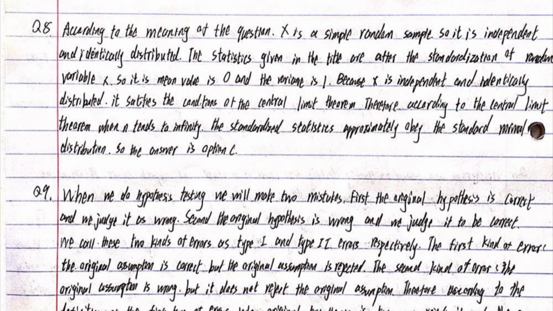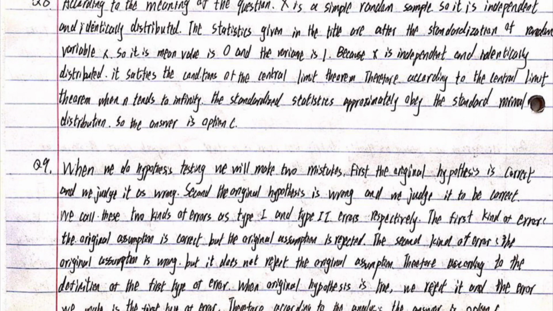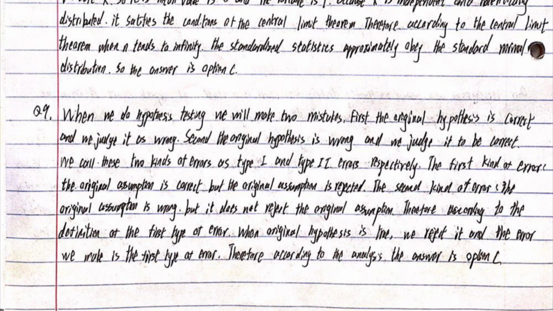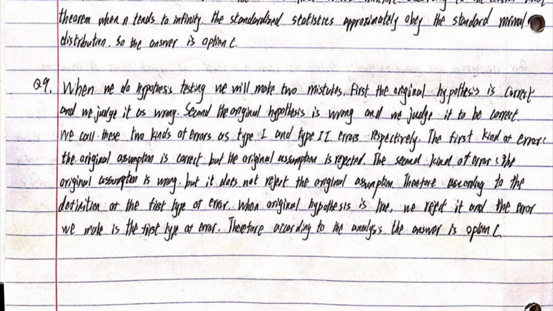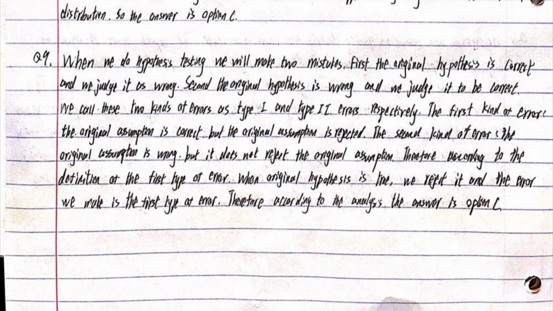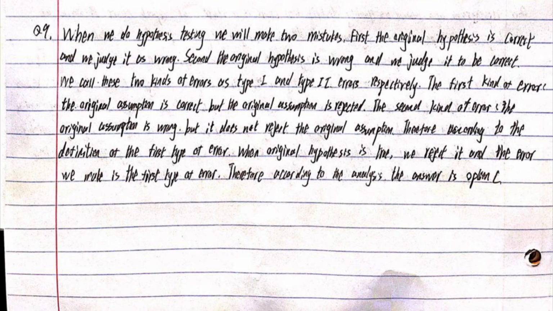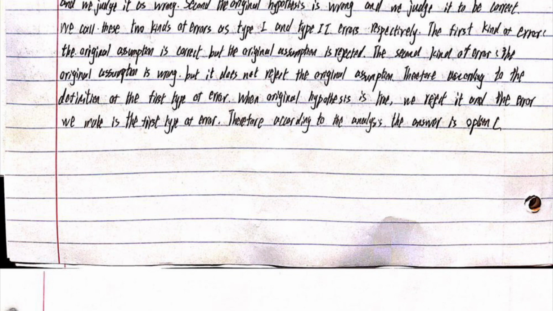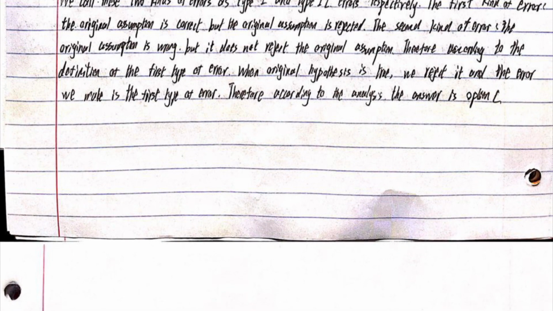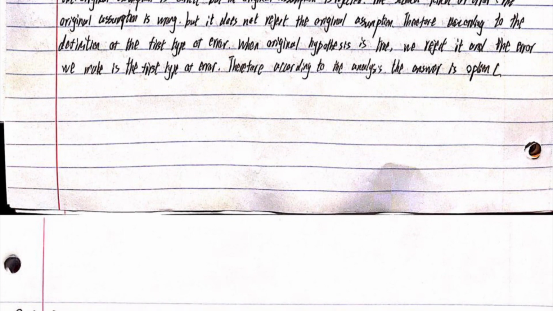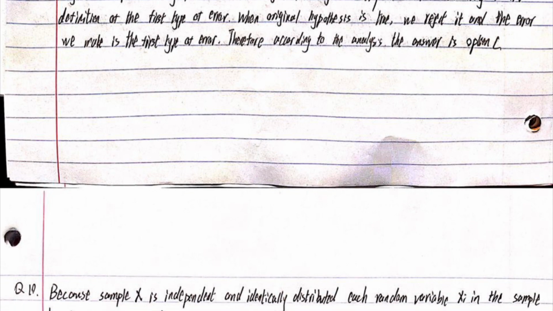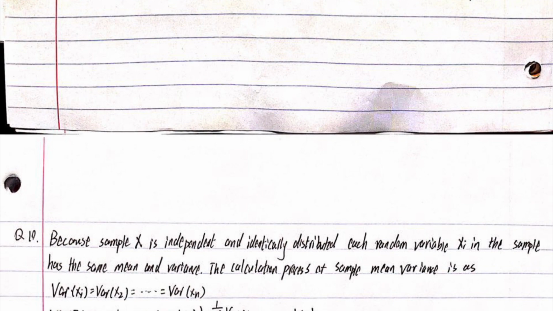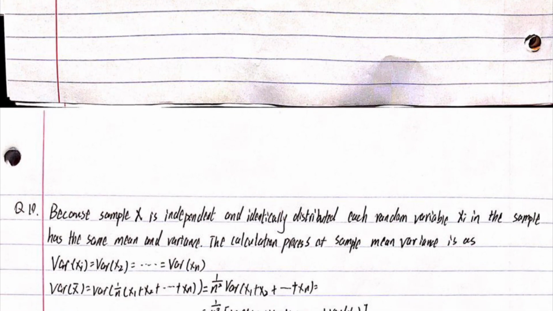Because the mean value in the question is known to be 100, mu equals 100. The standard deviation in the title is known to be 16, so sigma is 16. It can be seen that mu plus 3 sigma equals 100 plus 3 times 16 equals 148. So the choice is C.